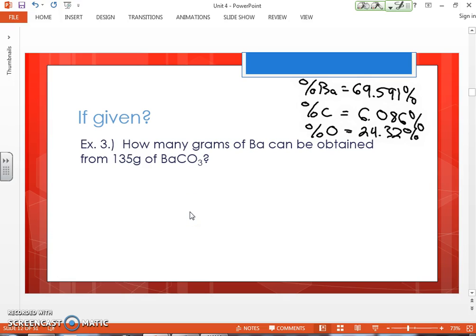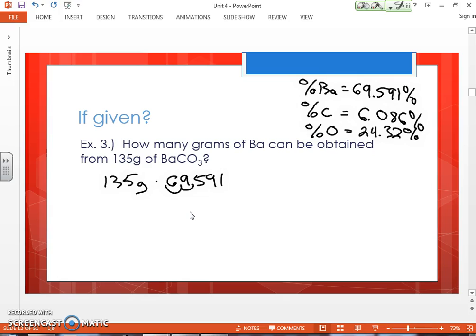And for some reason, this is the easiest problem, and this is the one that people always mess up. So we know that of our 135 grams, 69.591% is barium. All we have to do is multiply. We are multiplying by a percentage here, so make sure you move your decimal 2 places to the left.